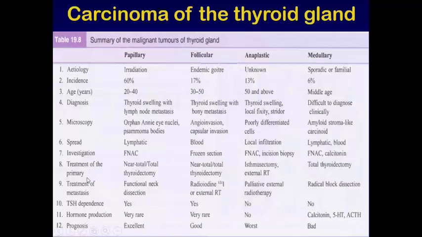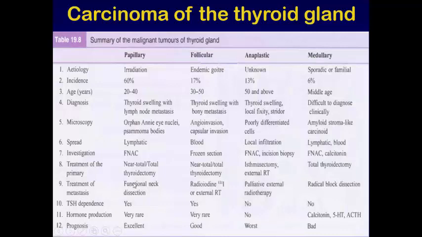Regarding the treatment of these tumors, in papillary, near total or total thyroidectomy, similar to that in follicular carcinoma, while in anaplastic, usually we find this tumor in an advanced stage. We need only palliative treatment in the form of isthmusectomy regarding the surgery, and we add external radiotherapy, while in medullary carcinoma, the main line of treatment is total thyroidectomy.